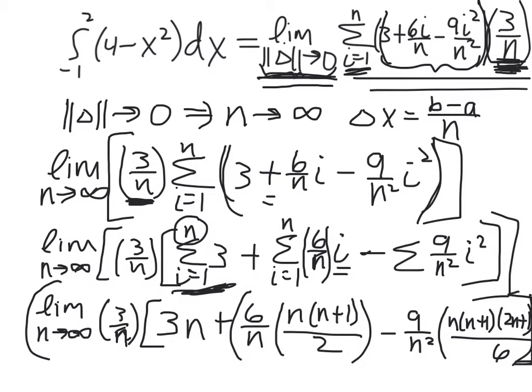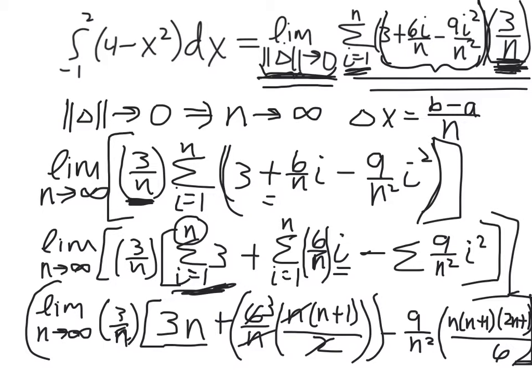Looking at this part, one very quick simplifying: n divided by n, those would cancel, and then 6 divided by 2, we'd be left with 3 there. And keep that in mind when we move to the next page. We'll have that for that part.